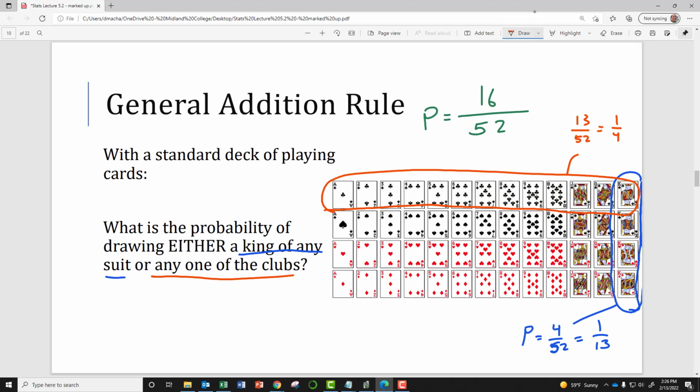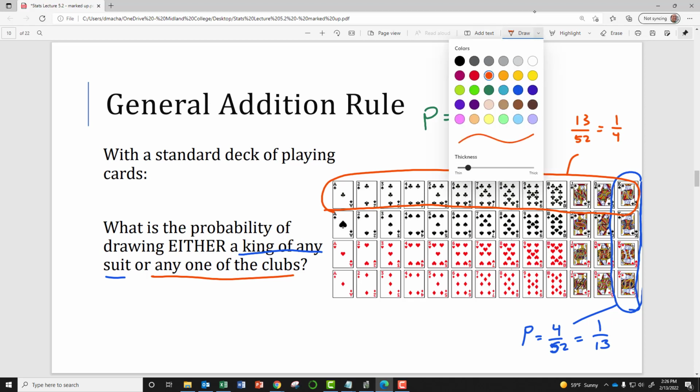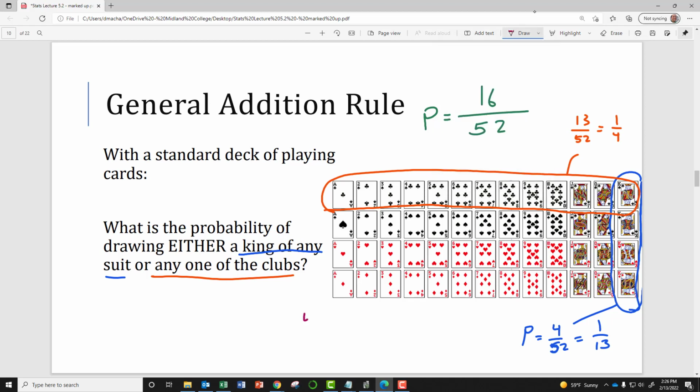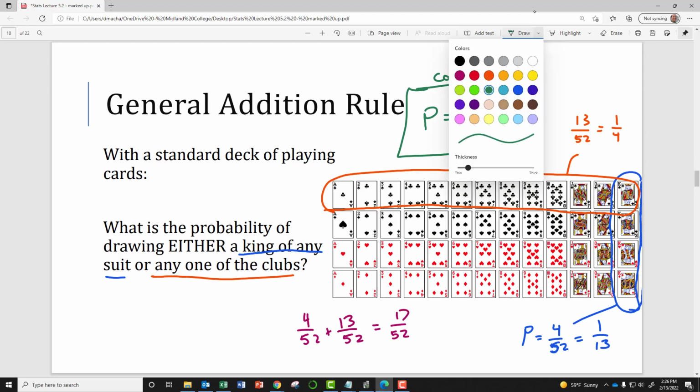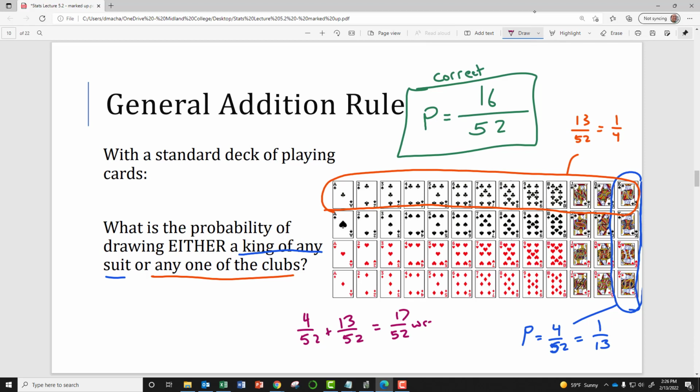If I just add these two up, 4 out of 52 plus 13 out of 52, as if they were disjoint events, I get 17 out of 52, and this isn't the same thing as 16 out of 52. Remember, this is our correct answer that we did, and this would then be wrong.